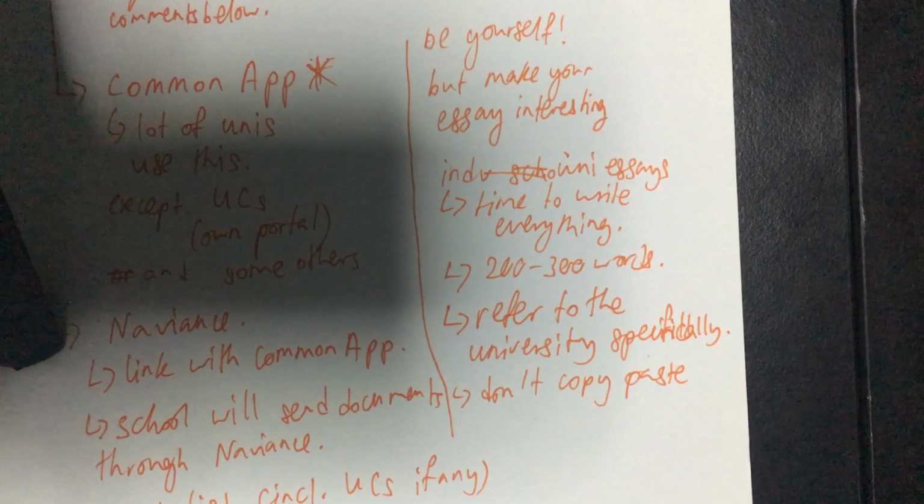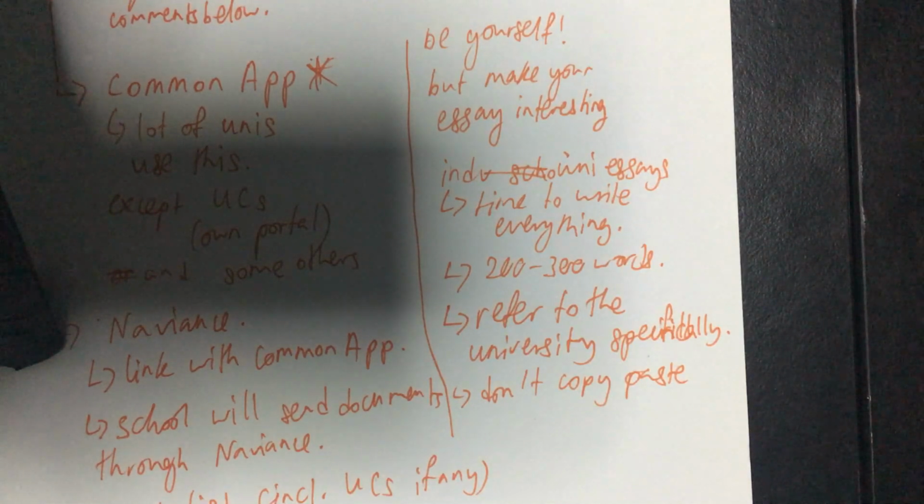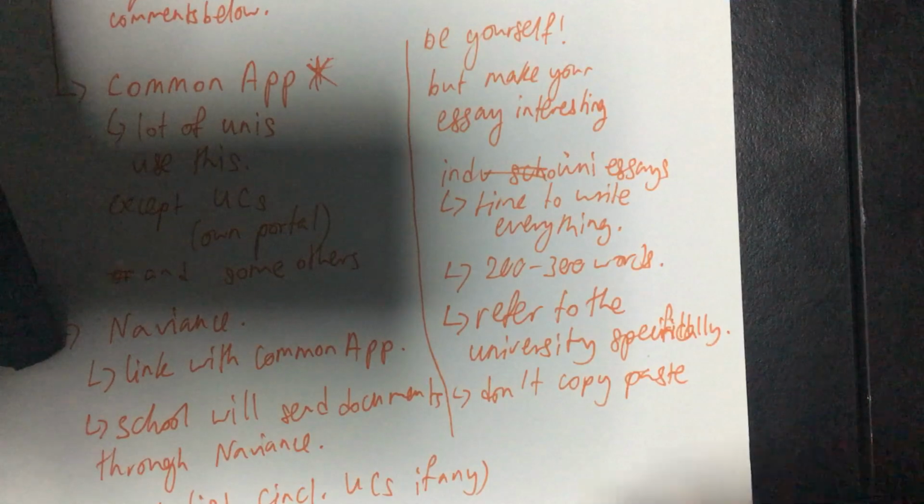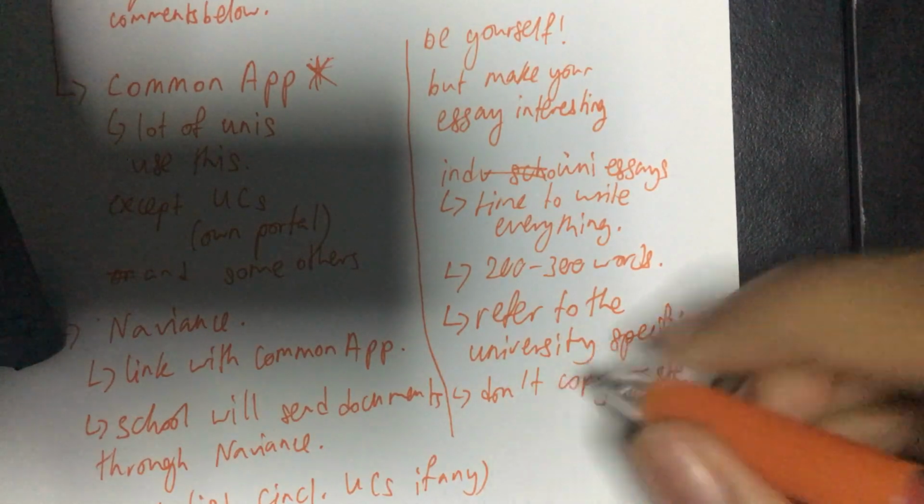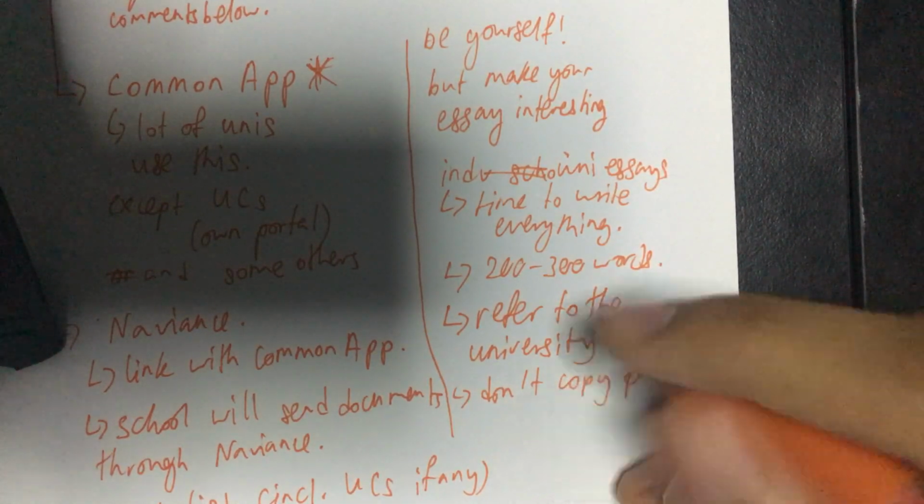Okay, so apart from these things that you will spend a lot of time writing, the other things that you need in your common app are the recommendation letters from your form teacher and maybe from two other teachers maximum.